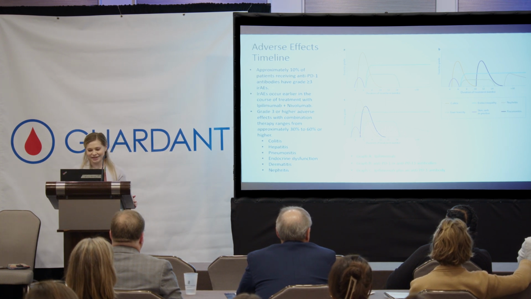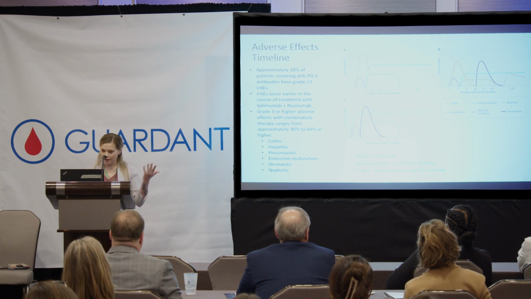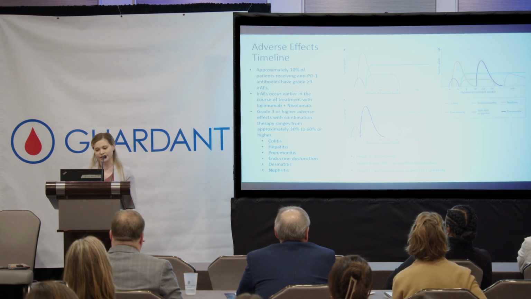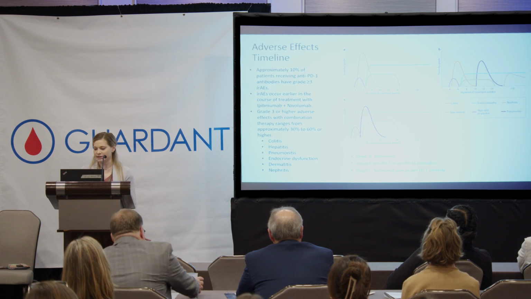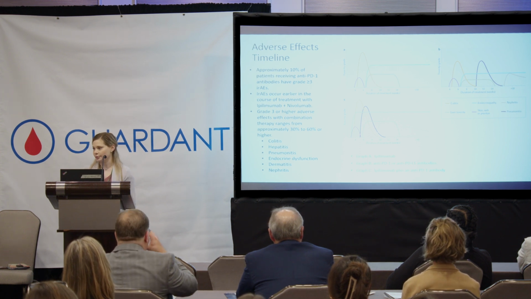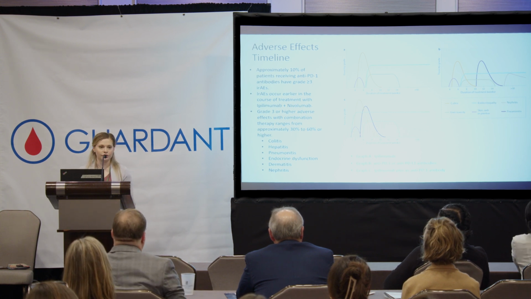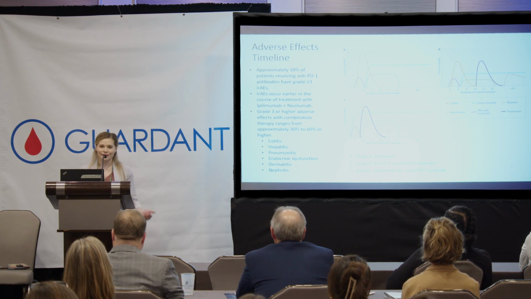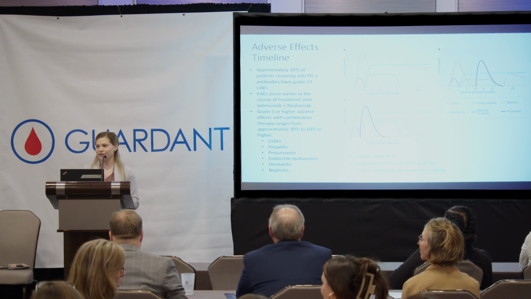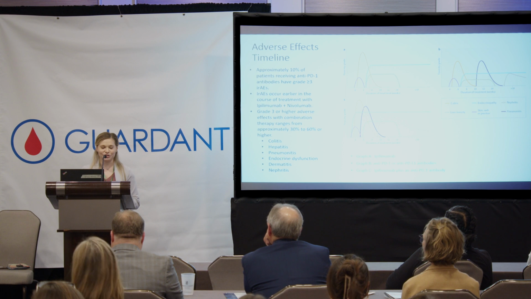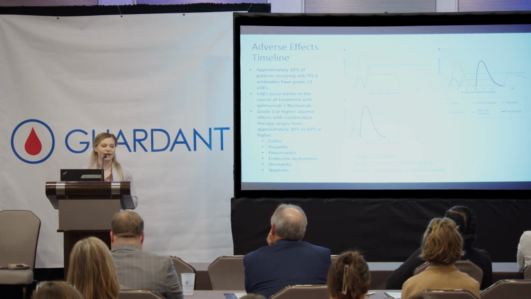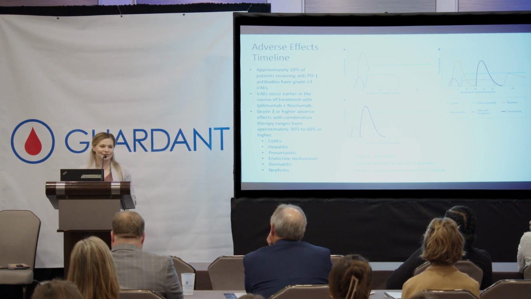Some of the data I can repeat back to them is that approximately 10% of patients receiving anti-PD-1 antibodies have grade 3 or higher immune-related adverse events. Grade 3 and higher are pretty severe and would require treatment. So you can pretty confidently tell your patients getting monotherapy that there's a 10% chance of a very serious adverse event. Then they start feeling a little more comfortable, but you tell them it is in your best interest to have all this knowledge. By no means do I expect you to know what to do with it, but I want you to come to me.